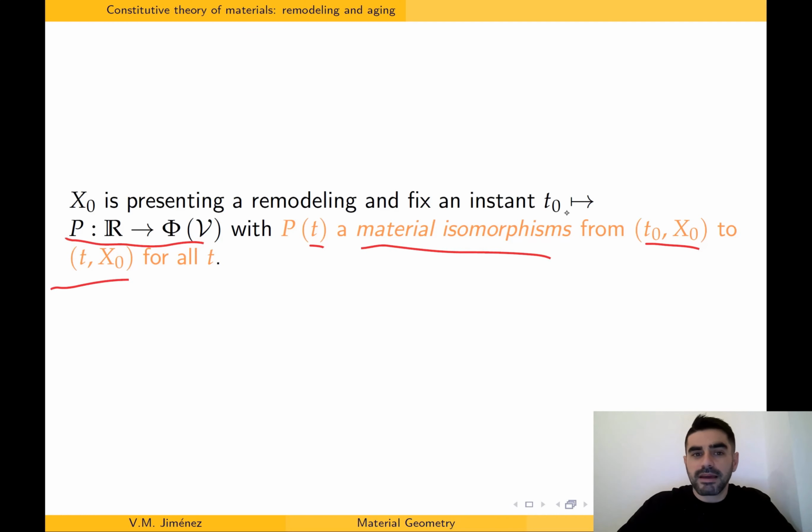By definition, we can guarantee the existence of this material isomorphism, so we are choosing just one for each t, so it is not so difficult. But the problem here is that the existence of this map doesn't guarantee the differentiability of these maps. So we need a more restricted definition.